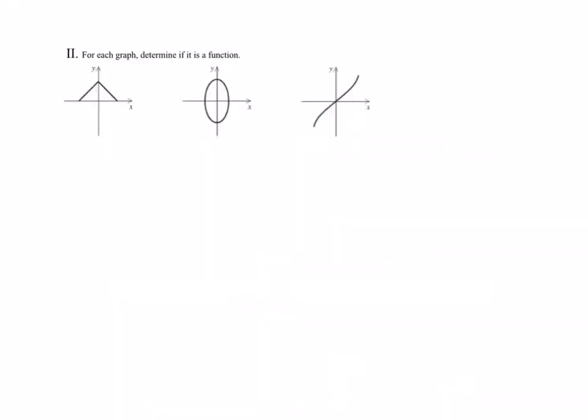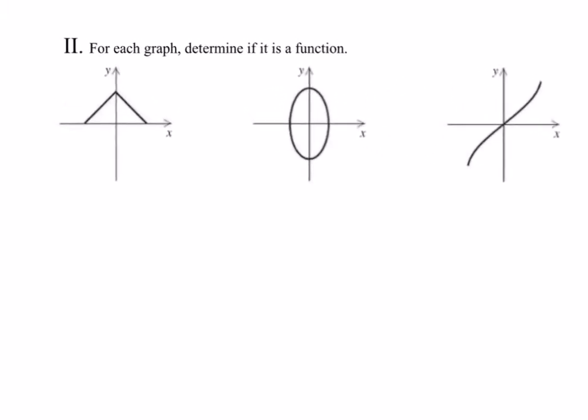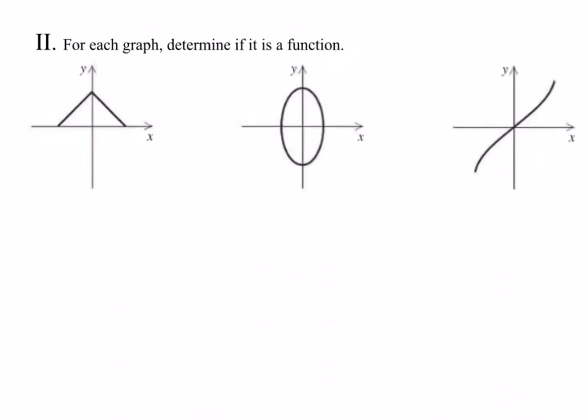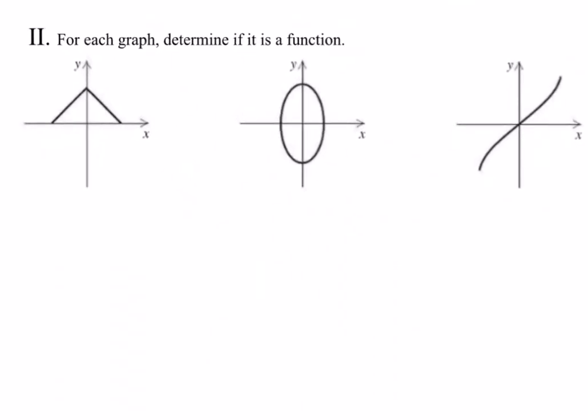Right. The next thing we want to look at is some graphs. And we're not going to come up with domain and range on these. We just want to look at these pictures and determine if it is a function. So the first one, I want to know, is it a function? For each one of these, we're going to use the vertical line test. Vertical lines go up and down.